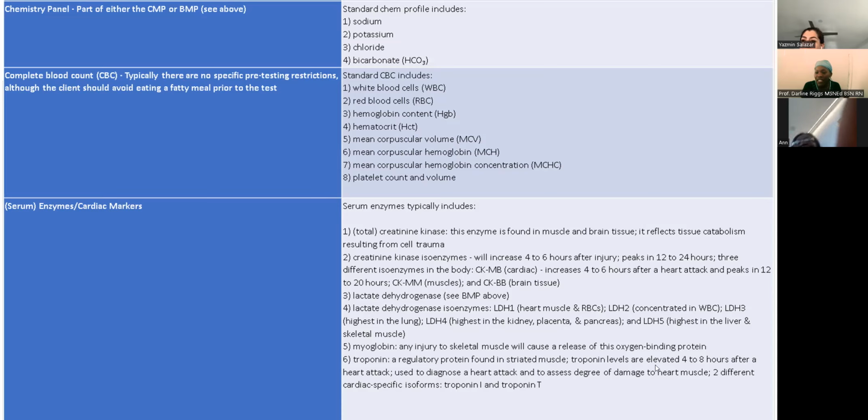So troponin levels are going to elevate 48 hours after a heart attack. It is used to diagnose a heart attack. So the test question that is testing to see how heart attacks are diagnosed, the answer is troponin, okay? It's going to even assess the degree of heart muscle damage, okay? Again, the higher they are, the worse this is, okay?